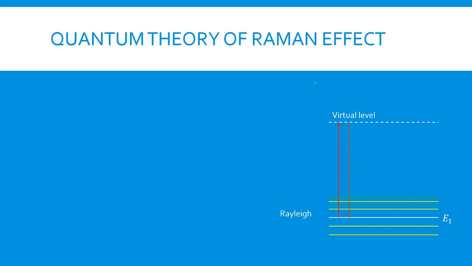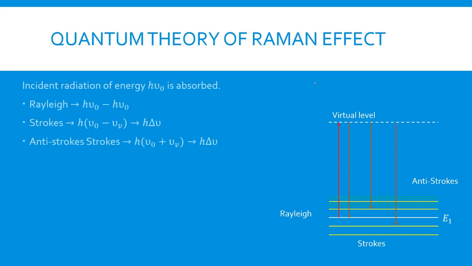It can decay to the same vibrational or rotational level, and this gives the Rayleigh scattering. It can decay to a higher vibrational level of the same electronic state and emit radiation of a lower frequency, giving the Stokes lines. Or it can decay to a vibrational state lower than the initial one, emitting radiation of a higher frequency, and this gives the anti-Stokes lines.